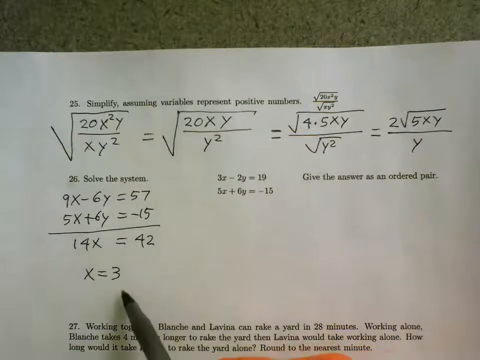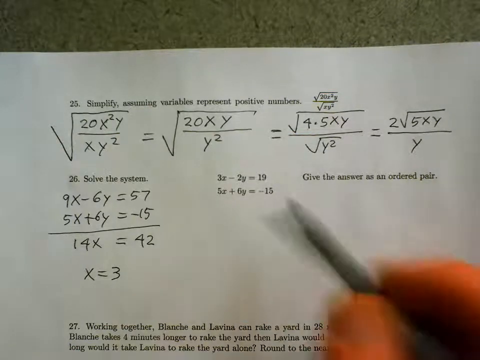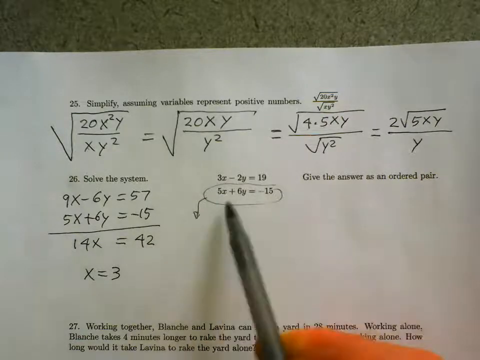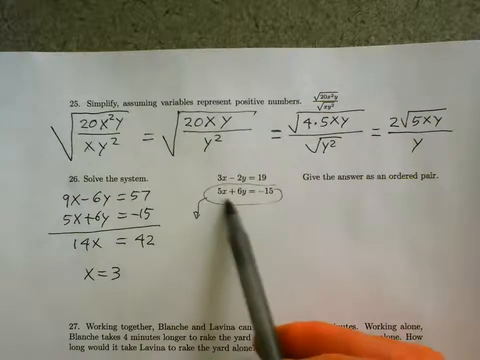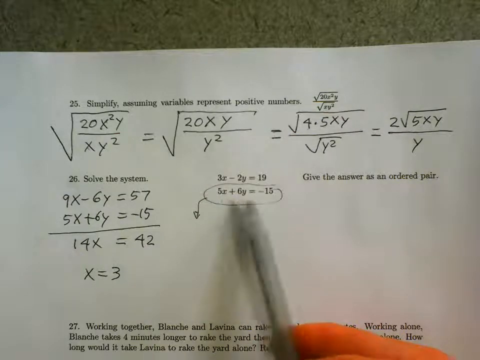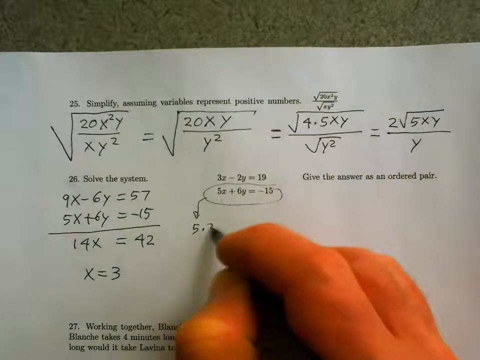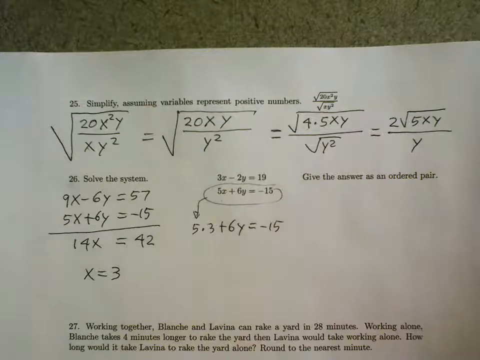Then to find y, we can use any one of the equations. I'll just use this one. And in this equation, replace x with 3, and then solve the resulting equation for y. So 5 times 3 plus 6y equals negative 15.